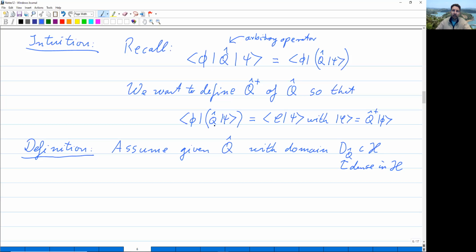So we are not missing out on any actual dimensions in the Hilbert space. It's just a matter of limit taking. Okay, so let's assume we are starting with some operator and its given domain.